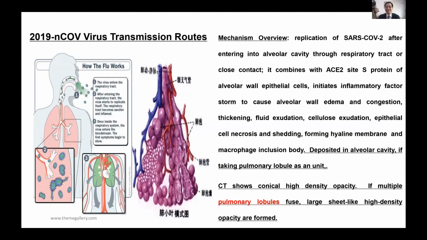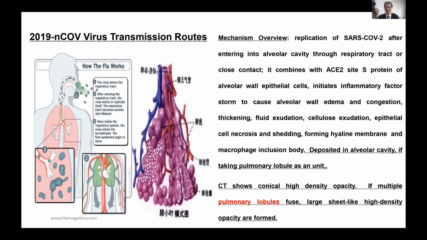We know the replication mechanism of SARS-CoV-2: after entering the alveolar cavity through the respiratory tract or close contact, it combines with the ACE2 receptor of alveolar epithelial cells.